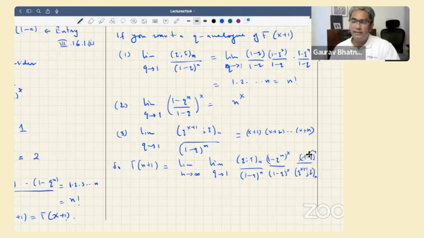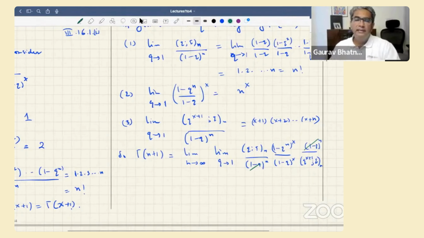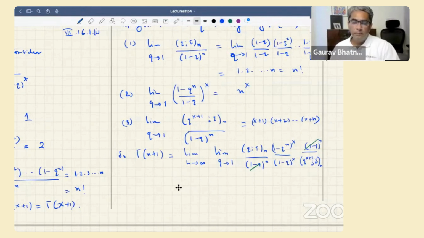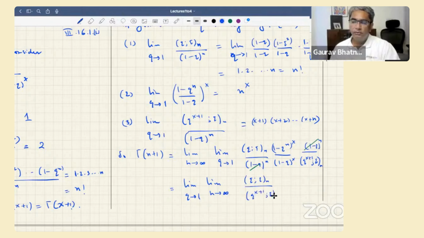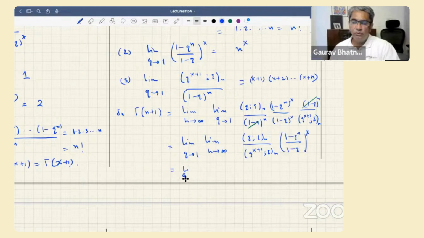And let's assume we can interchange the limits. And we get what we want, actually, almost. Now if you take the limit as n goes to infinity, you will get what you want: (q; q) infinity over (q^(x+1); q) infinity, and this term drops out.